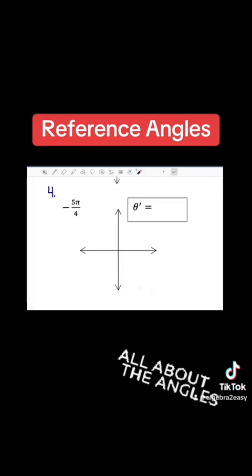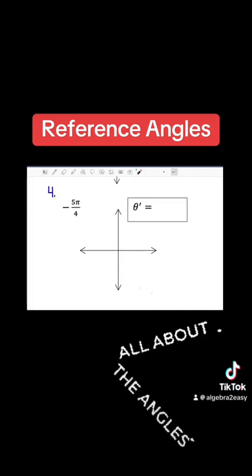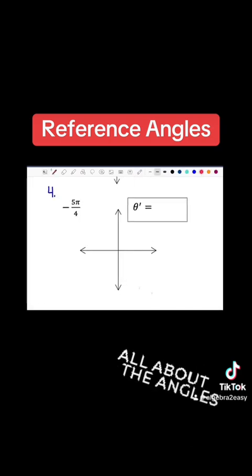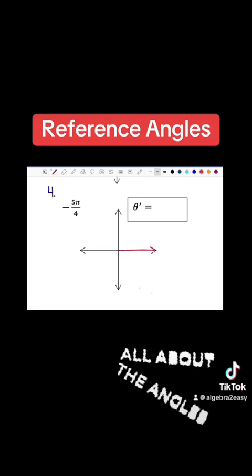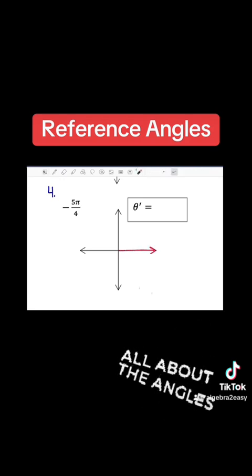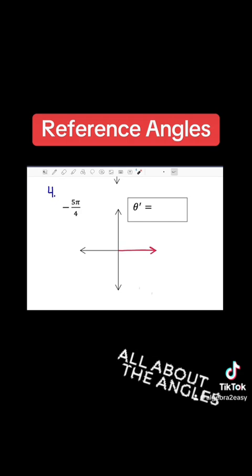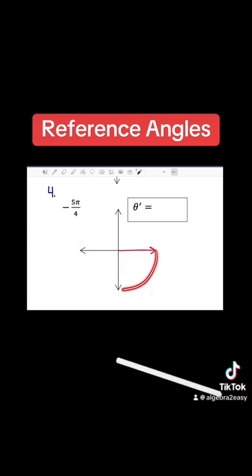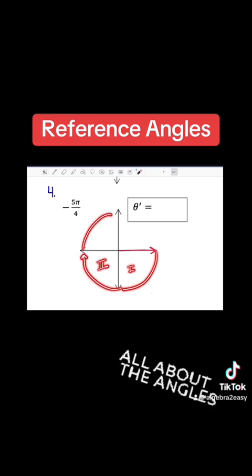Let's try one with a radian measure. Negative 5 pi over 4. Let's sketch our angle. There's my initial side. Since we are moving clockwise, this is now quadrant 1, this is now quadrant 2, and this represents quadrant 3.